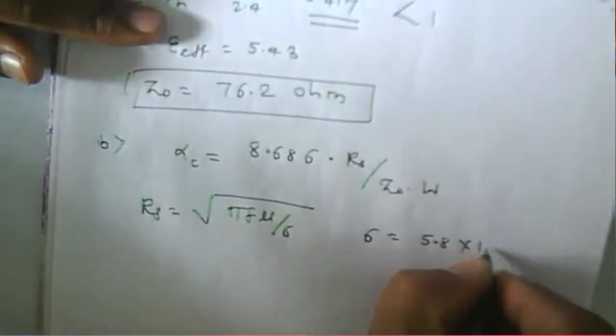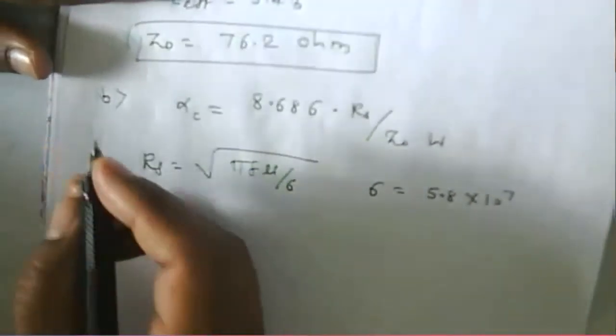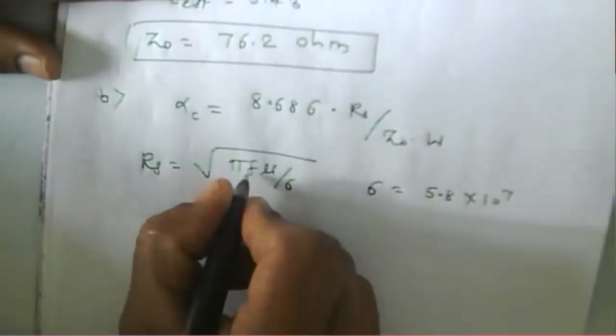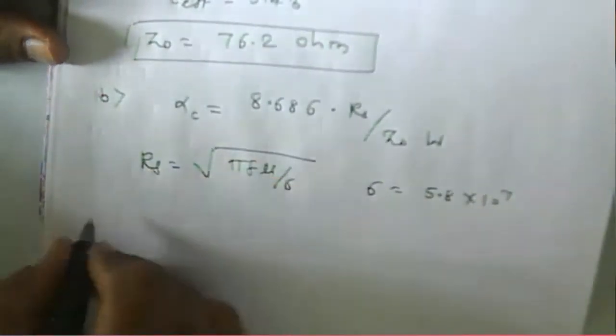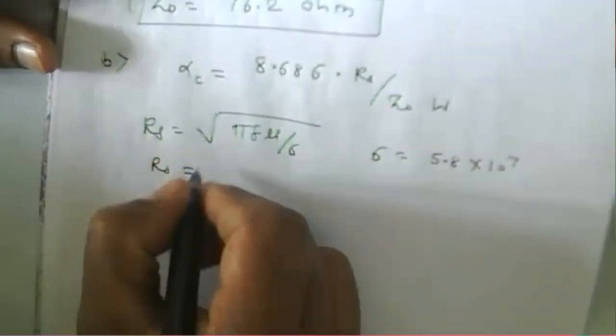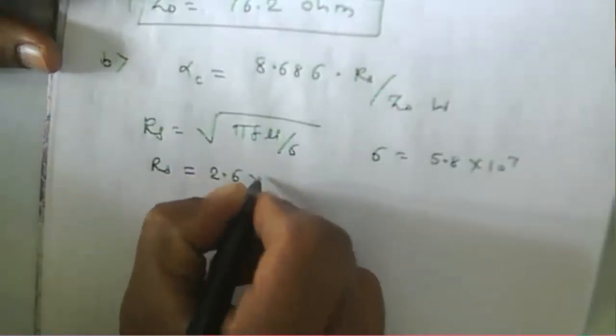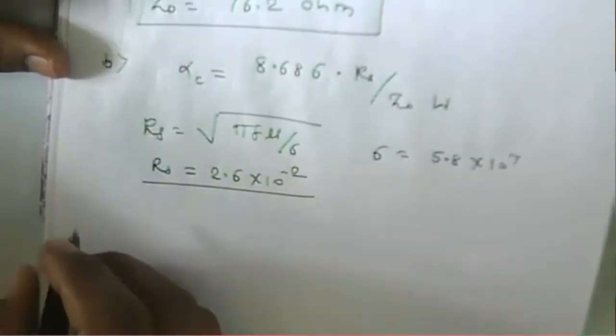Here mu is 4 pi into 10 to the power minus 7, and sigma, the conductivity for a copper material, is 5.8 into 10 to the power 7.